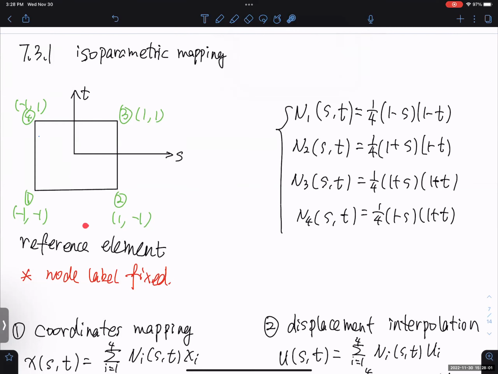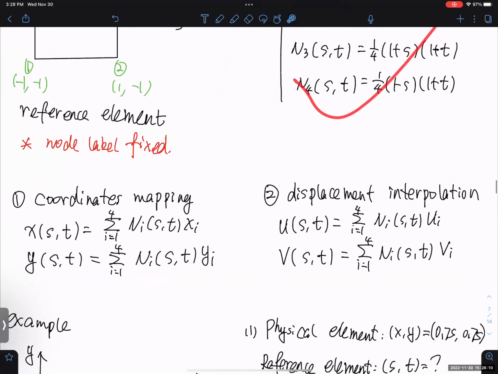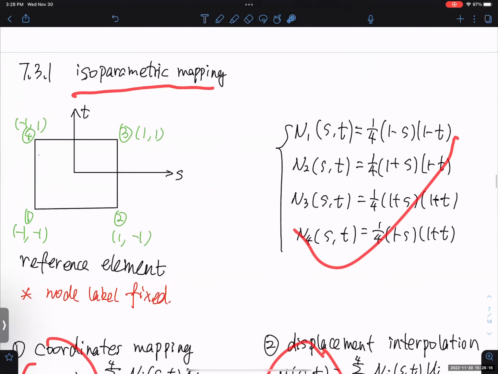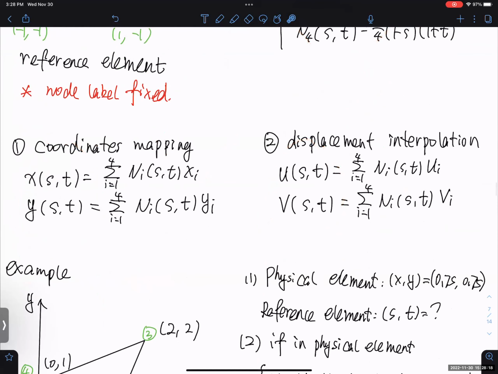The reference element stays the same, it doesn't change. And this is the shape function of the reference element. The coordinate mapping and displacement interpolation use the same functions, that's why we call it isoparametric mapping. And again, these are the equations. I expect that you understand them, so I don't need to provide them.